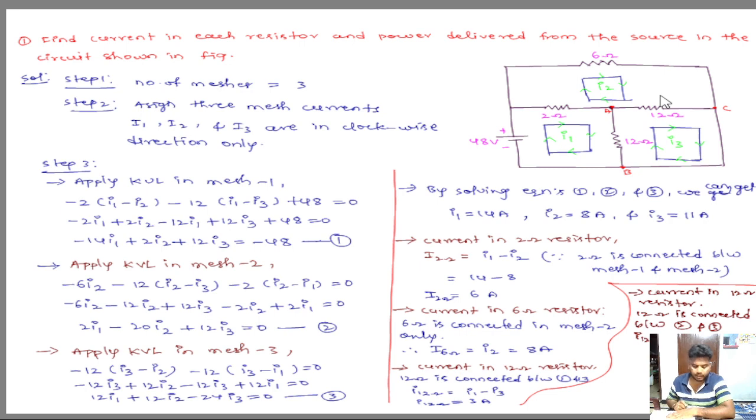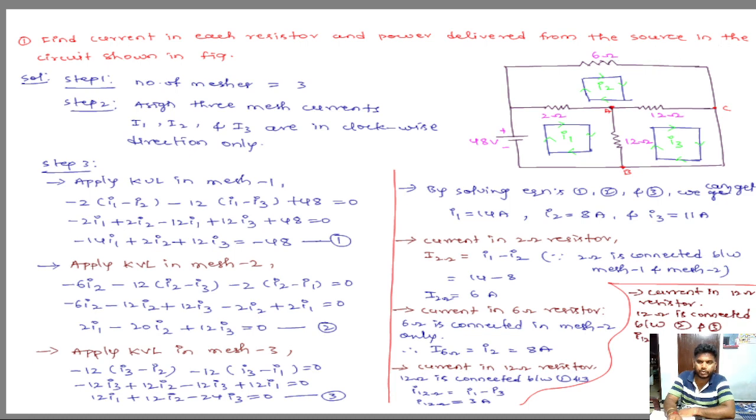I3 is 11 and I2 is 8. Therefore, it is 11 minus 8, which is 3 amperes.